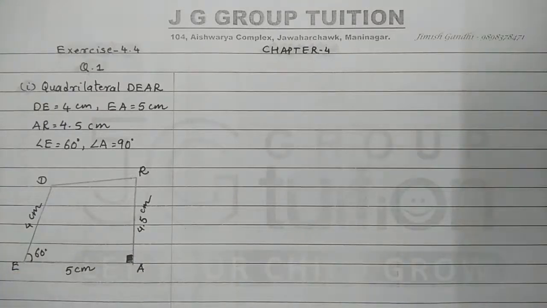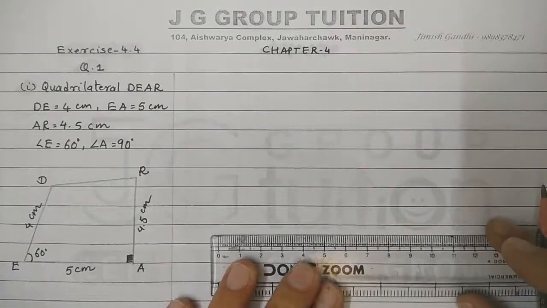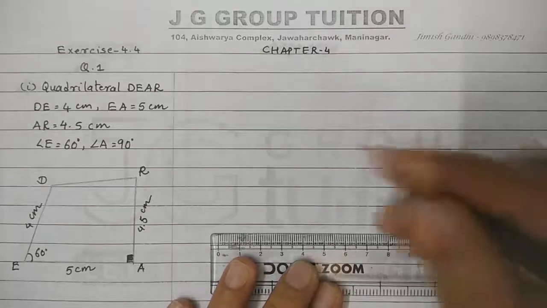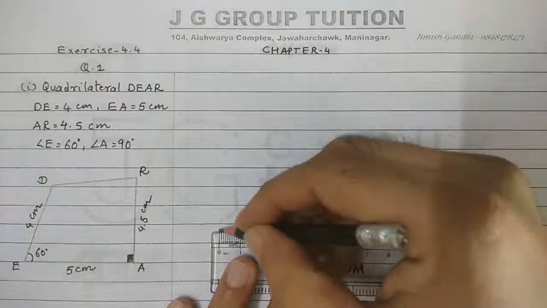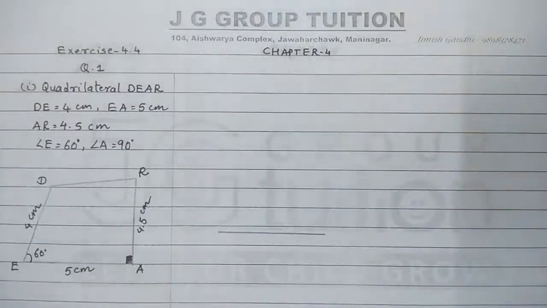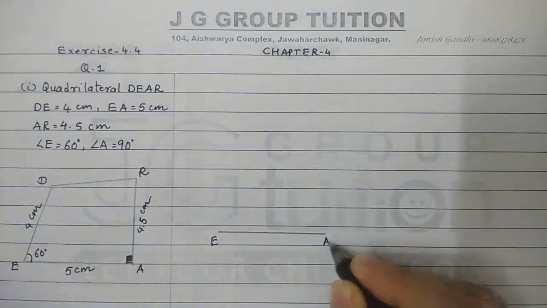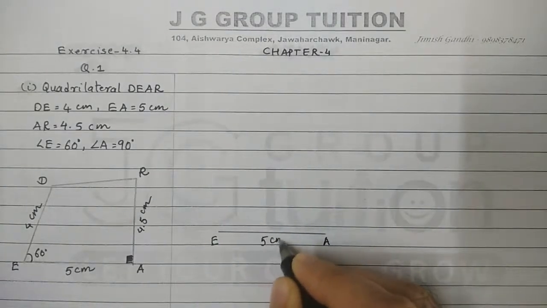So let us start. I'll start with the base EA, which is given as 5 centimeter. EA is a 5 centimeter line segment. So this is point E, this is point A, and this is of 5 centimeter.